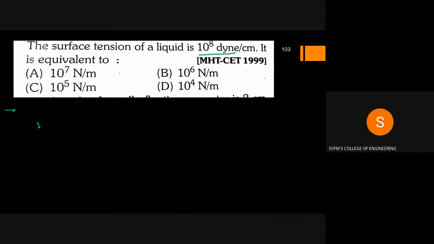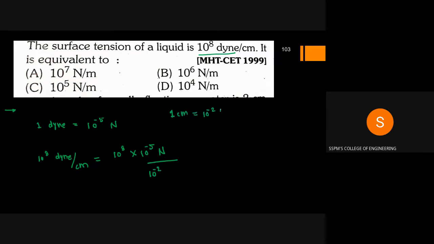So 1 dyne is equal to 10 to the power minus 5 Newton. Okay. So 10 raised to 8 dyne per centimeter is equal to 10 to the power 8 into 10 to the power minus 5 Newton per centimeter. To convert centimeter to meter, 1 centimeter is equal to 10 to the power minus 2 meter.